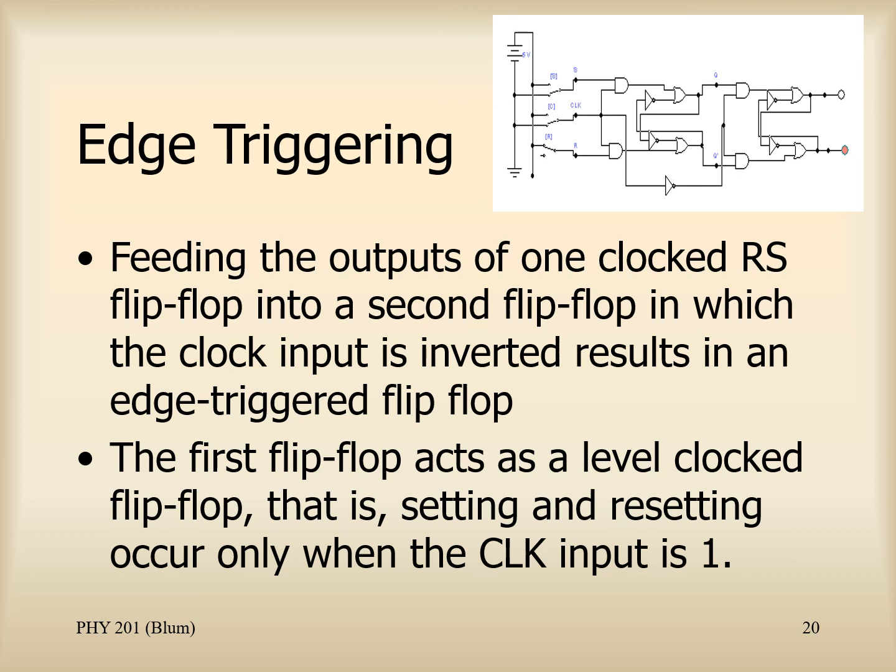So let's start with the first flip-flop, the one on the left. It is a standard level clocked flip-flop. So when can we get setting or resetting? We can get those actions when the clock input is 1.